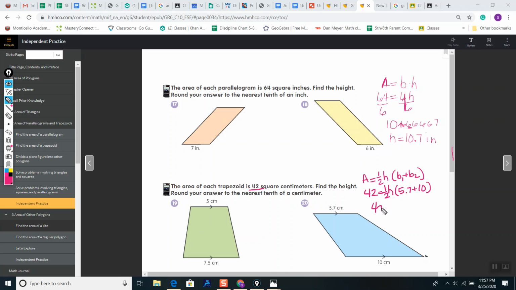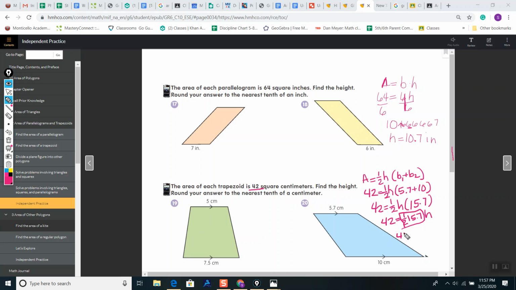So now simplifying by consolidating what I can, 5.7 plus 10 would give me 15.7. And now I'm going to rearrange. And now I'm going to simplify this right here.